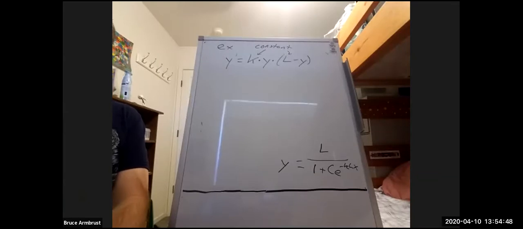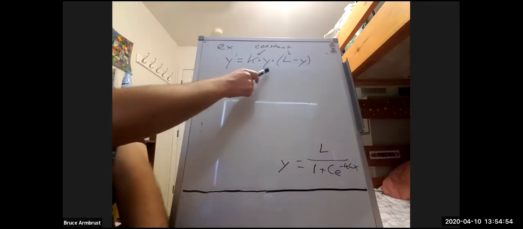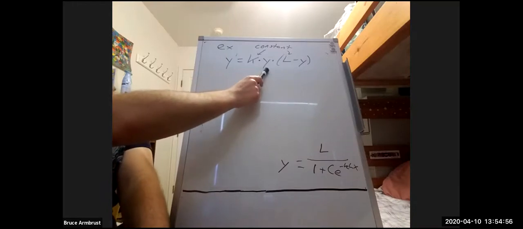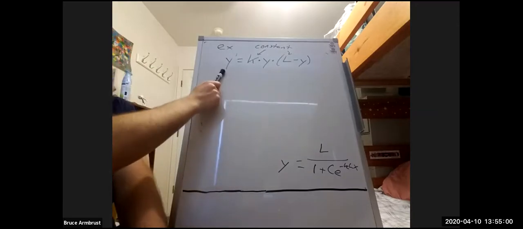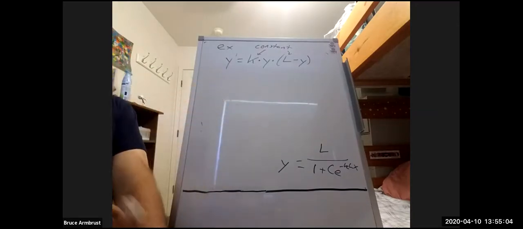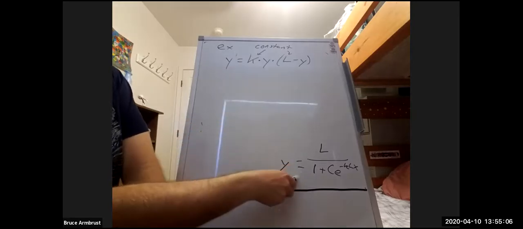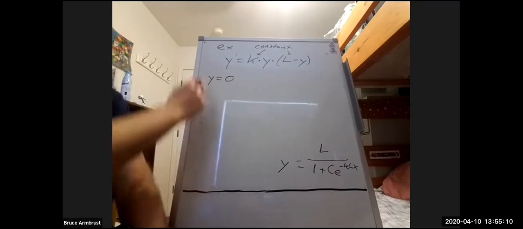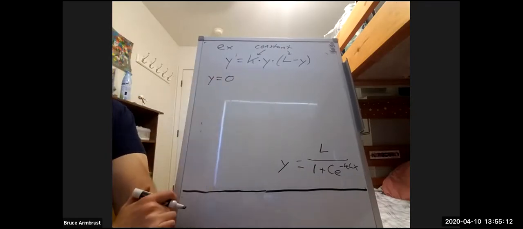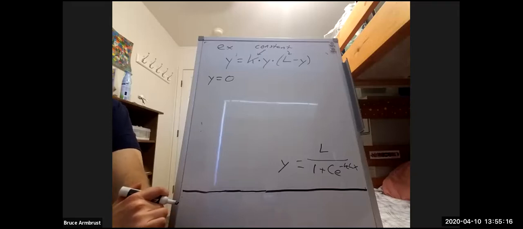Is y equals 0 a solution? Obviously, if we plug in y equals 0 over here, we're going to get 0 on the right side. What's the derivative of 0? Also 0. So it turns out that not only this one, but also y equals 0. There's another one.